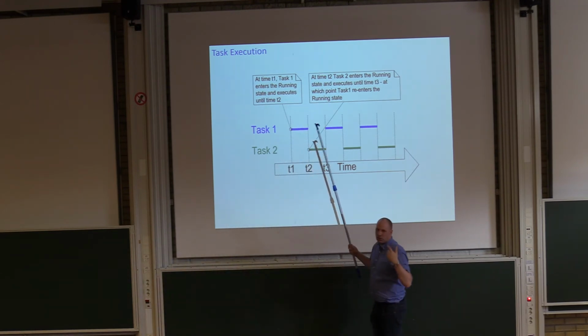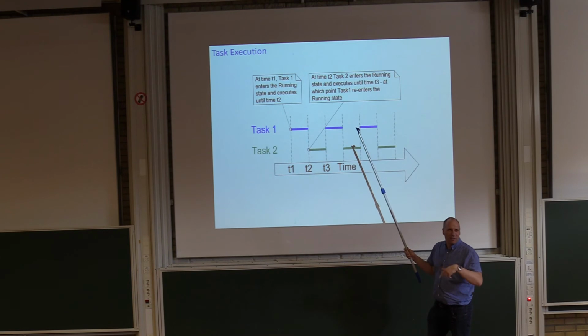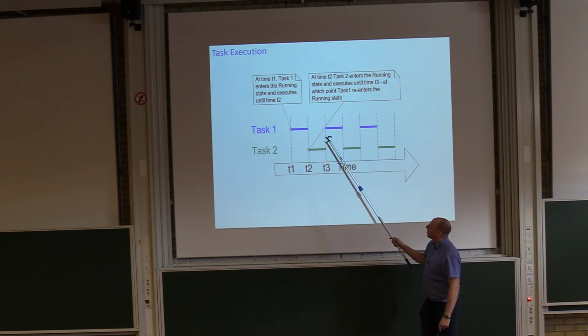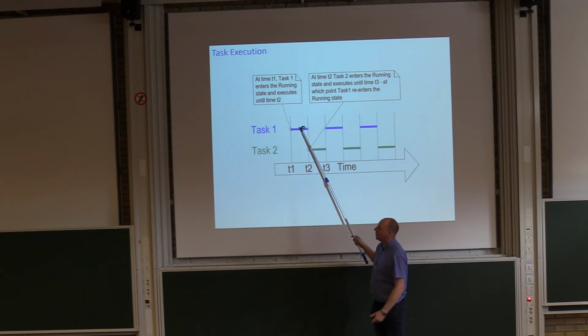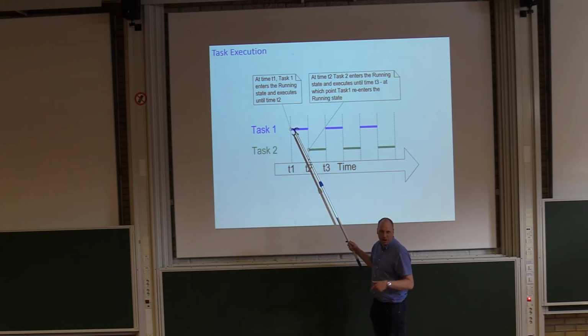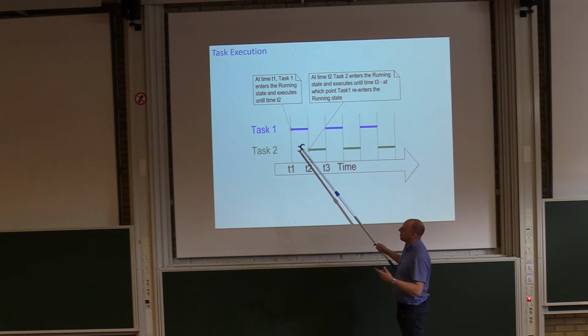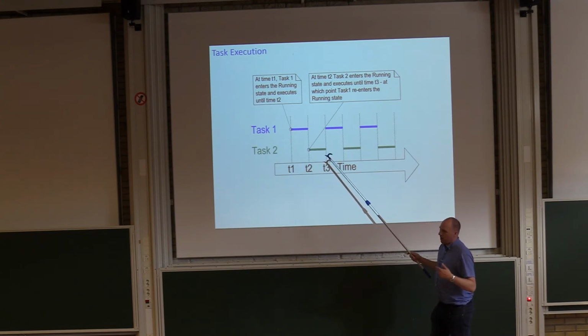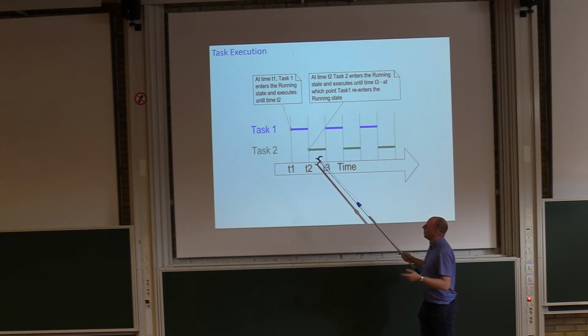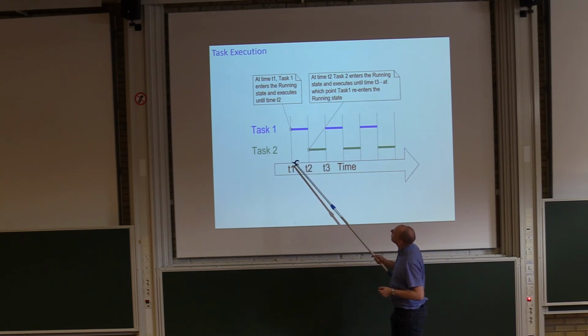And since they are always ready to execute, they always have a next instruction to run, so it will pick one of them. You don't want to count on task number 1 always starting first. You have to be prepared that task number 2 is the first to execute as well. If you would like to have a specific order between them, you have to enforce that with different synchronization primitives that we will talk about next lecture.